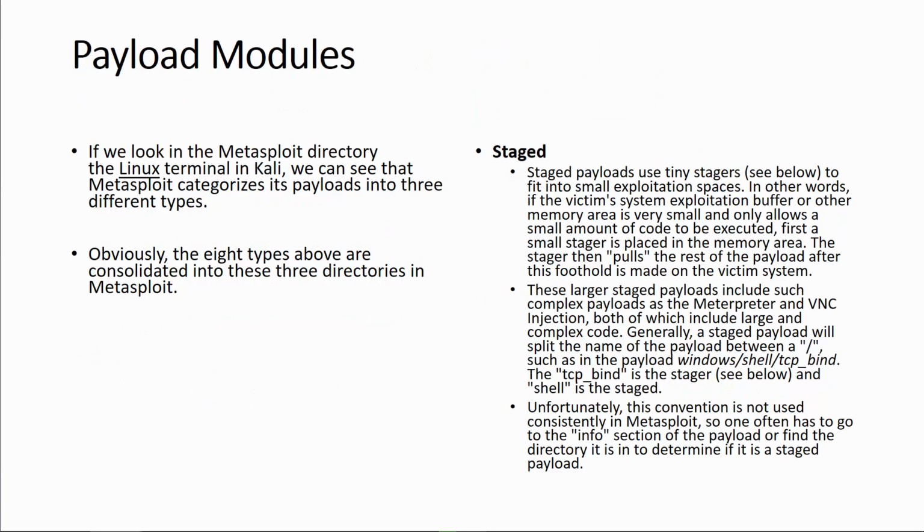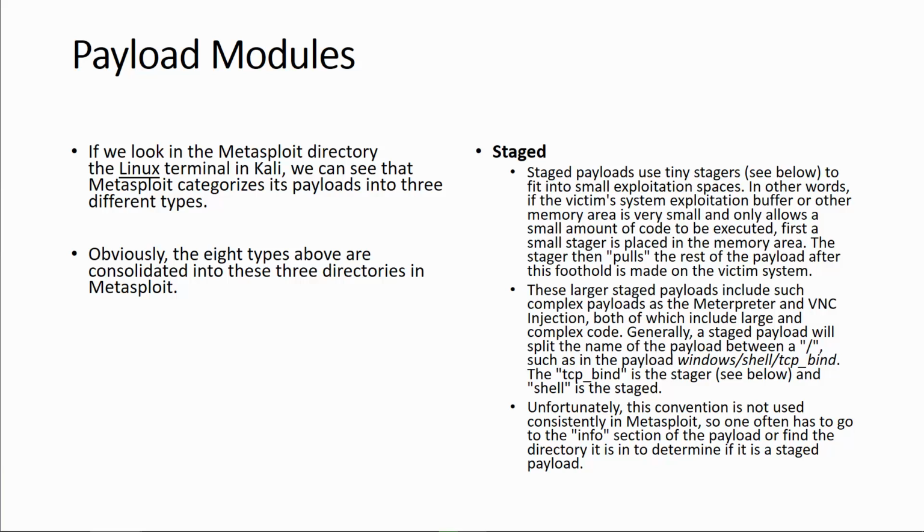If you look at Metasploit's directory in the Linux terminal in Kali, we can see that Metasploit categorizes payloads into three different key areas. While we just covered eight, most of them are covered in these three. Staged. Again, staged payloads use a tiny stager to fit into a small exploit space. In other words, if the victim system's exploit buffer or other memory area is small and only allows a small amount of code to be executed, that's why we're going to be staging them.